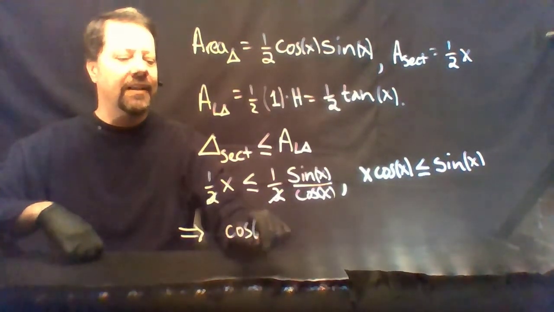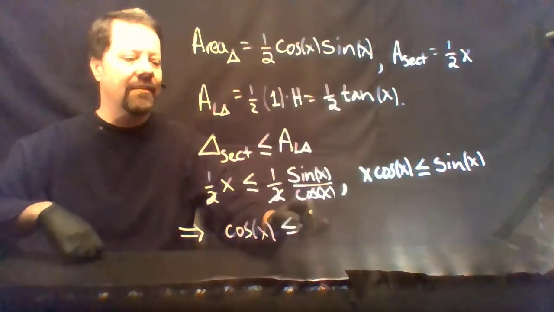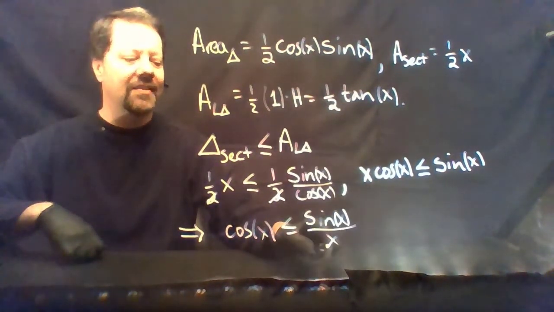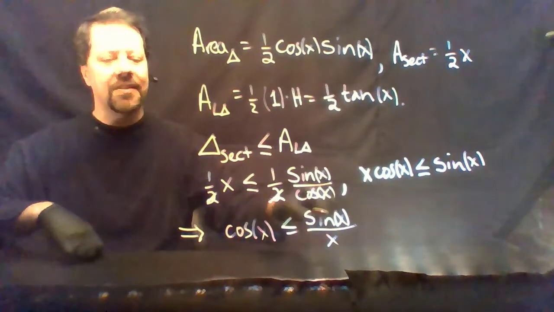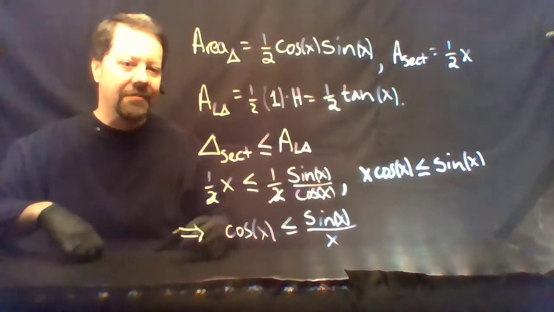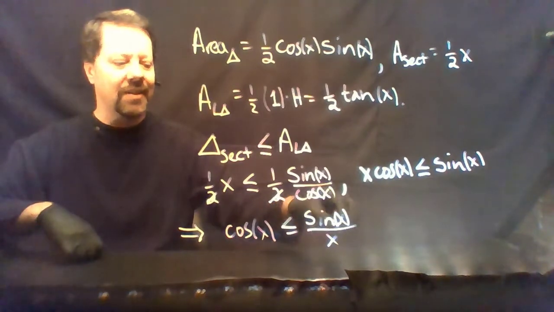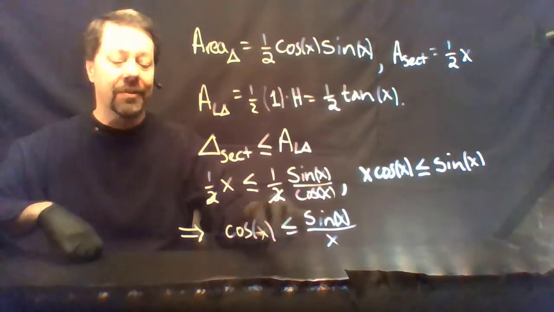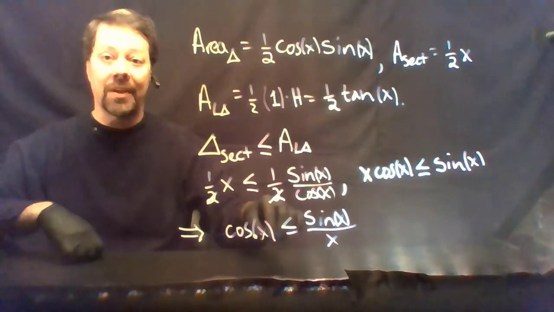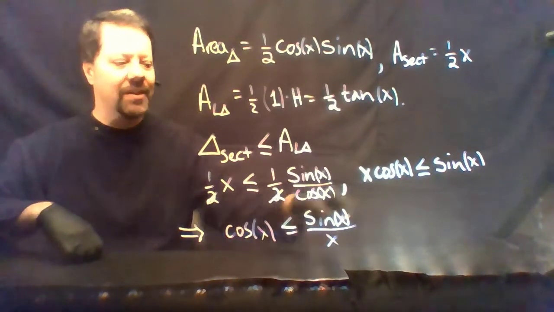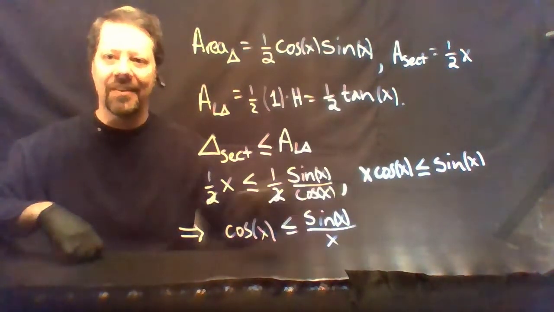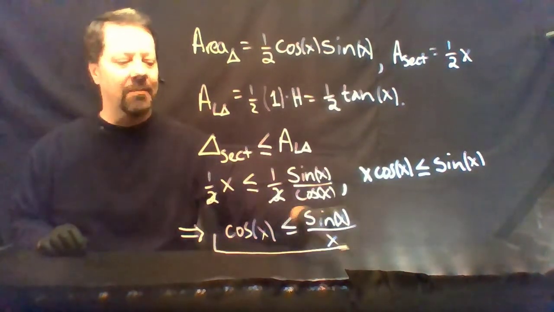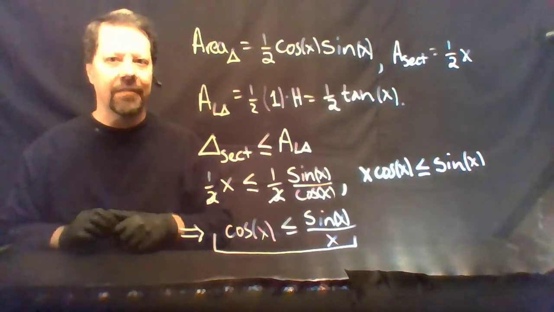We'll have the cosine of x is less than or equal to the sine of x over x. You can see this is the function we're going to take the limit of. The limit as x goes to 0, sine x over x. It is bounded below by the function h of x, which is cosine of x. We just need to have something that bounds on the other side. We'll put this in a little bucket and keep it there for later.